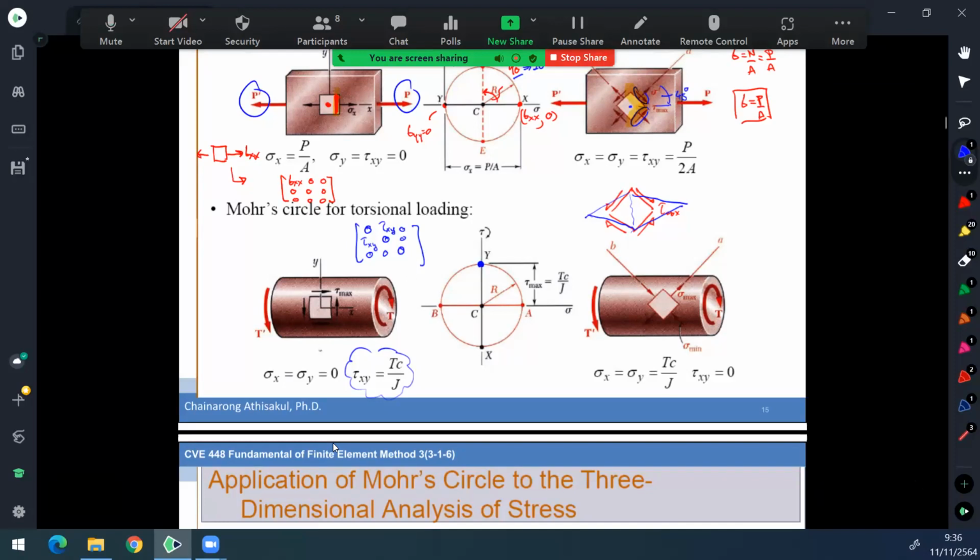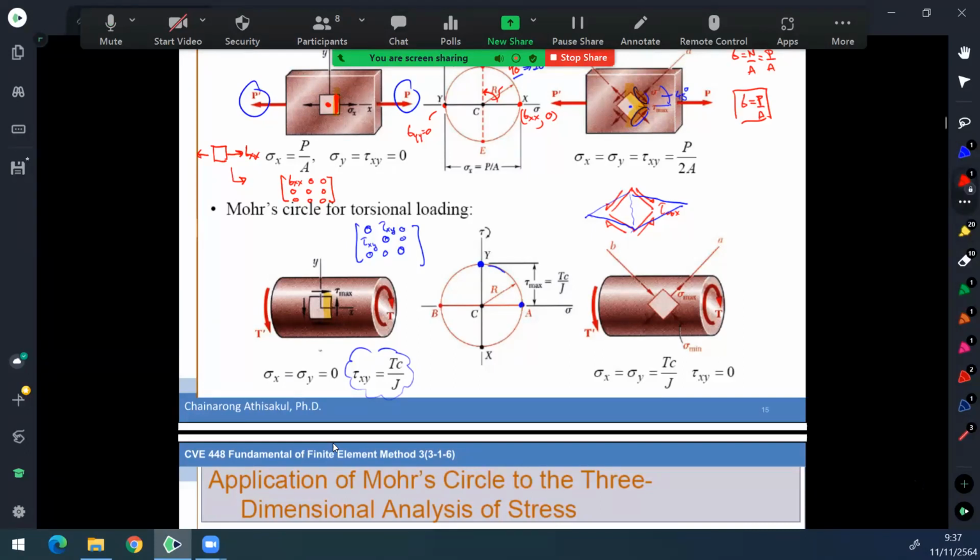If we would like to find the principal stress, we have to rotate back to this point. So for this case, the plane that we focus on at first is this plane, the X plane.